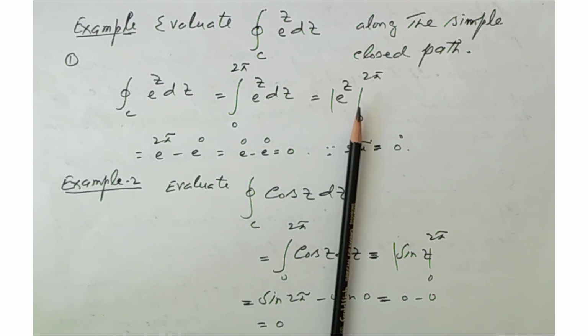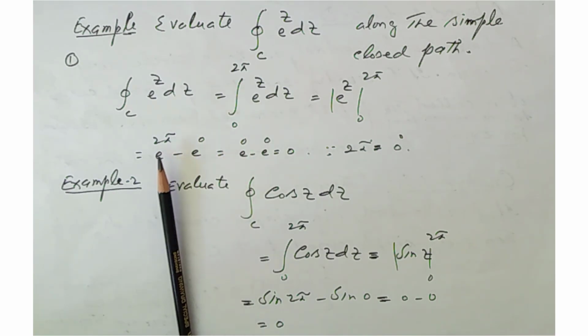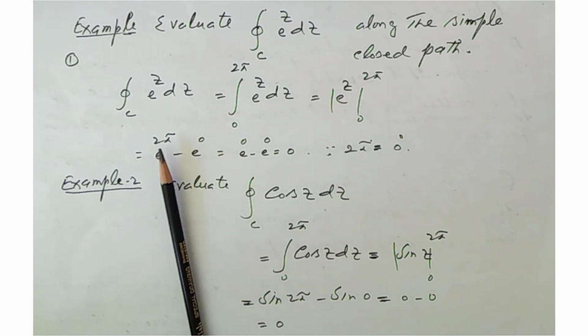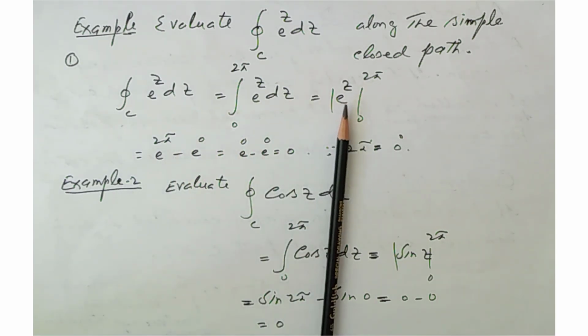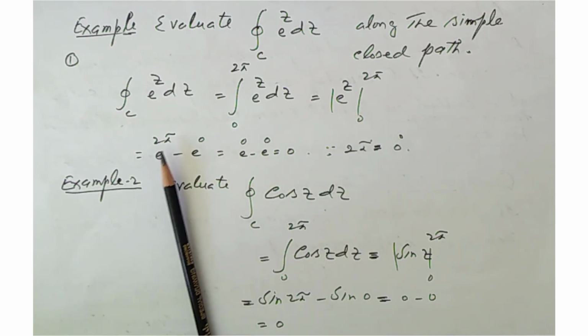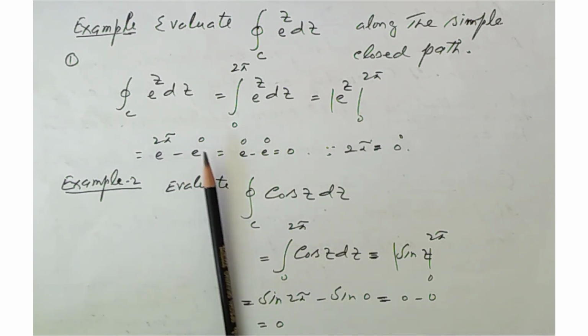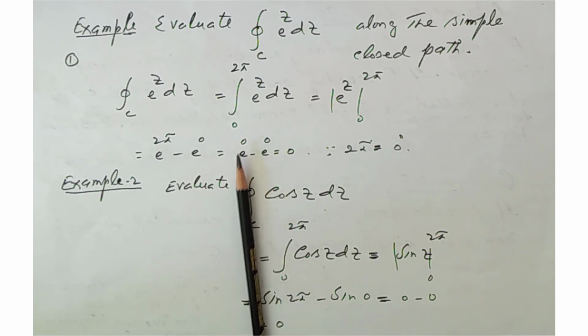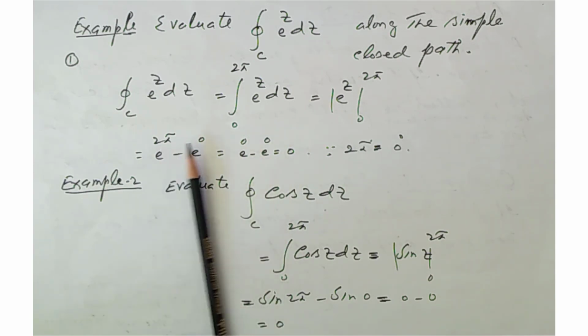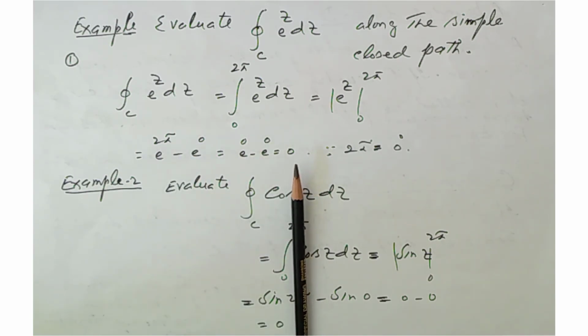First apply the upper limit and then apply the lower limit. Putting 2 pi in place of z, this becomes e^(2 pi) minus e^0, because 2 pi equals 0 on the closed path. They are the same value, so they cancel each other. The integral will be 0.